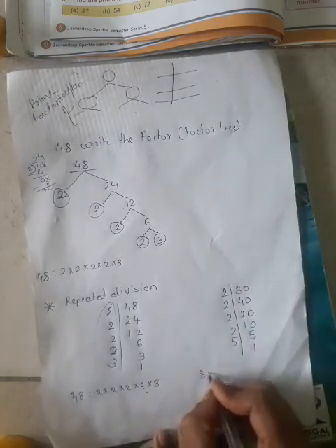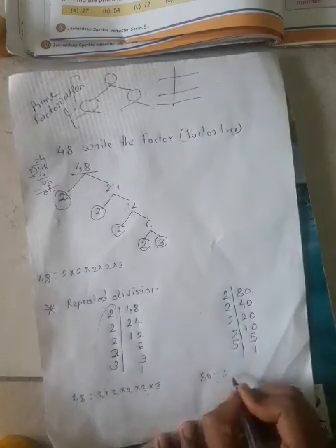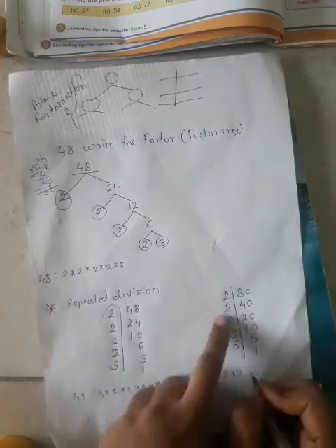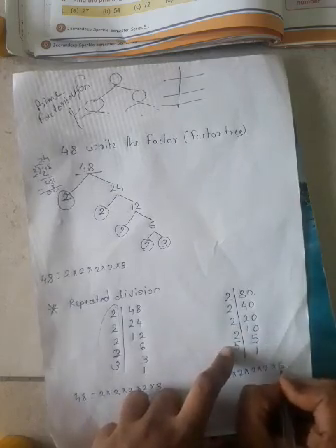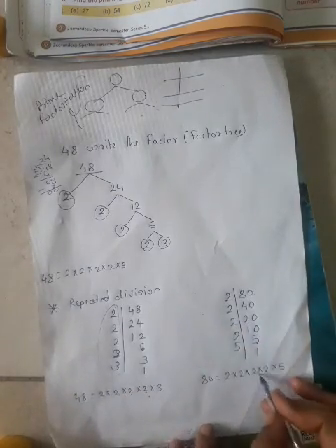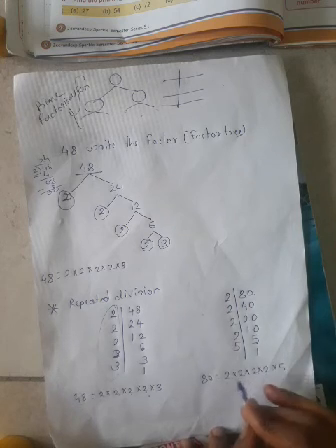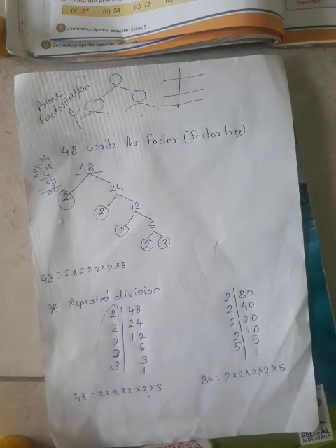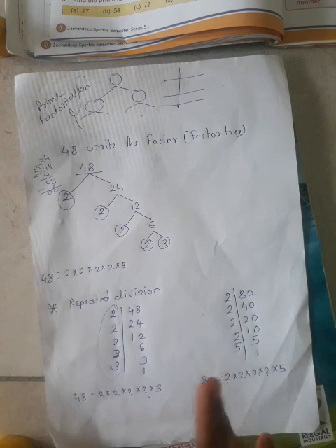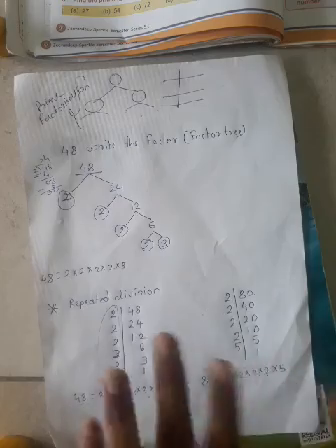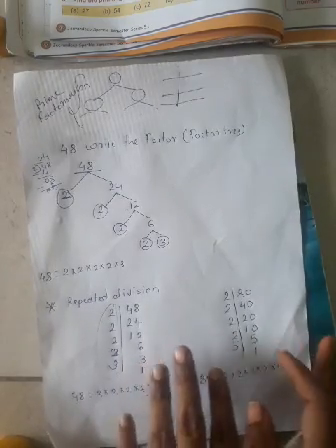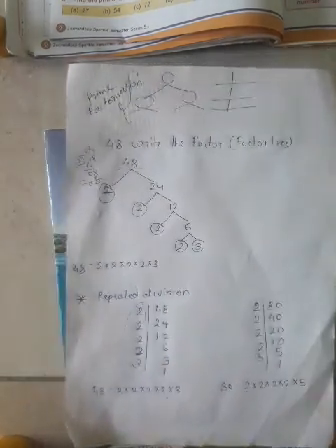The factors are 2 times 2 times 2 times 2 times 5. Check: 5 twos are 10, 10 twos are 20, 20 twos are 40, 40 twos are 80. All of you understand? This is so easy.